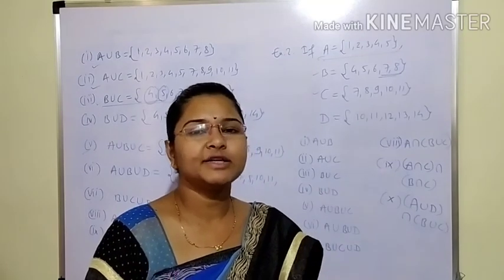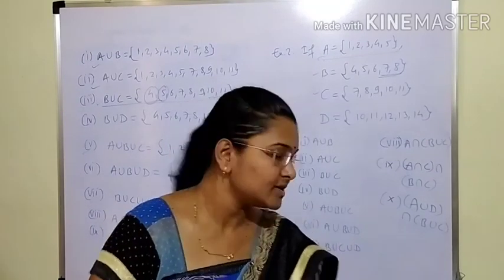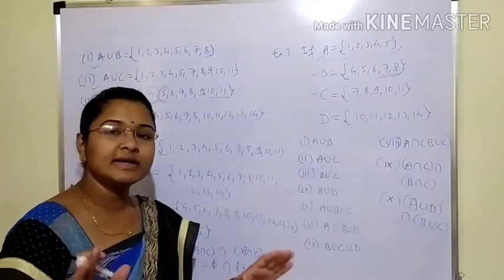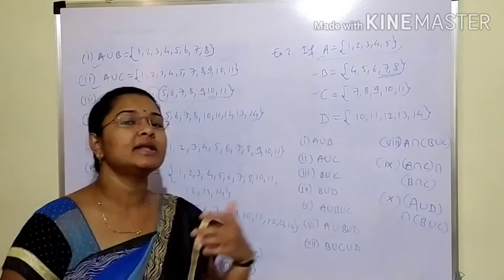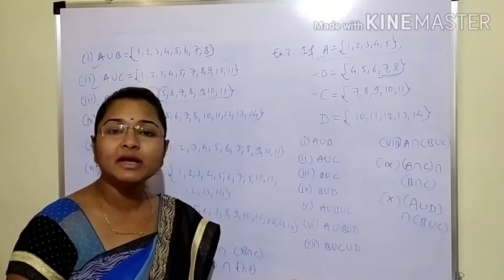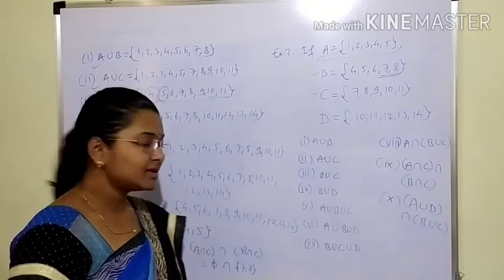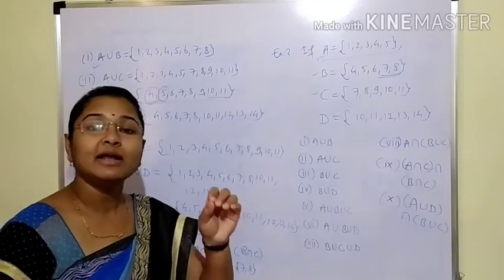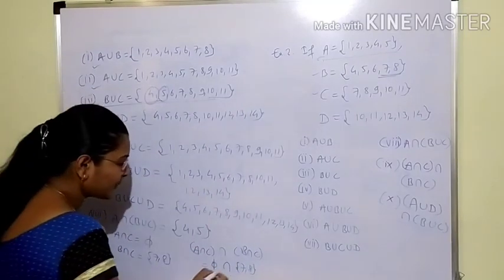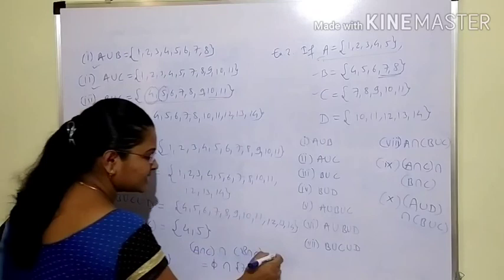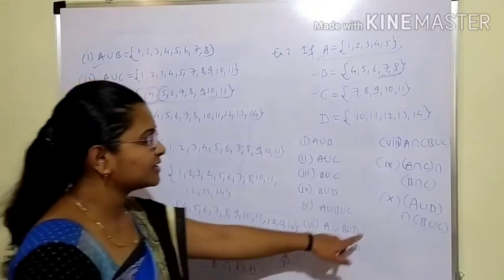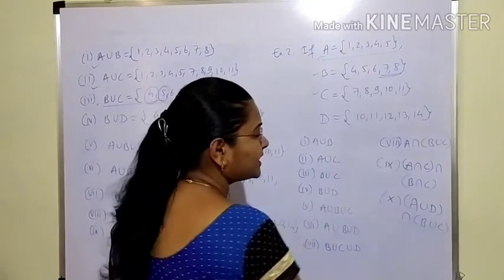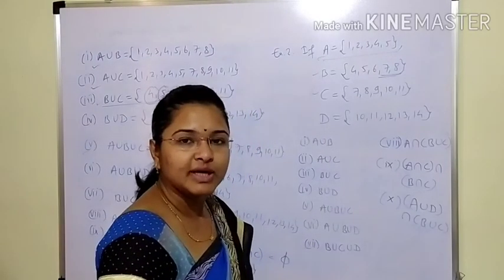Empty set, null set, or you can say void set also. If this set is not containing any element and if we are taking intersection of this set with any other set, how will it be a non-empty set? So the intersection must be an empty set. Understood?